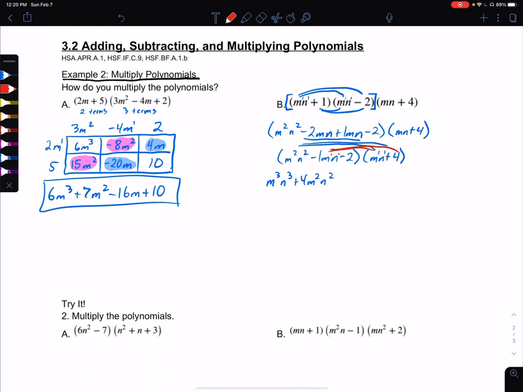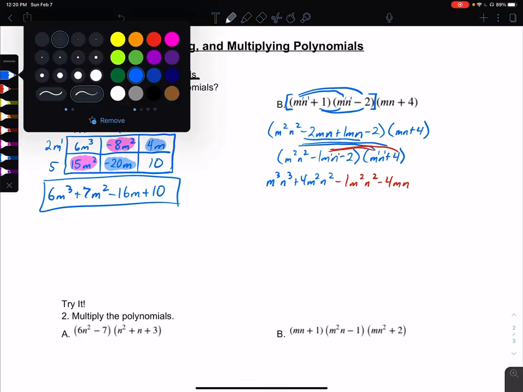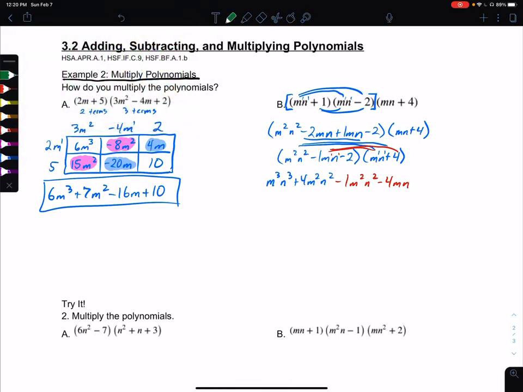So we're going to be careful with our exponents. So it's going to be a negative 1m squared n squared, and then minus 4mn. And let's use green here. So we're going to take that negative 2 and distribute. So we get negative 2mn minus 8.